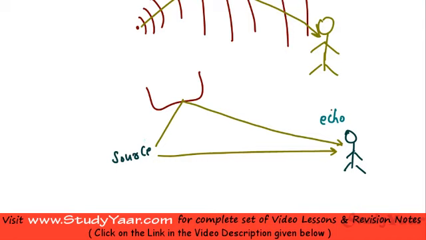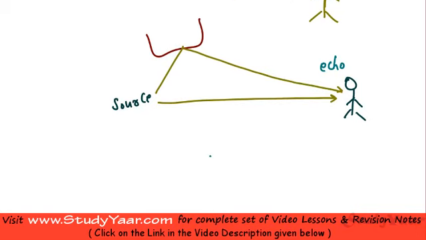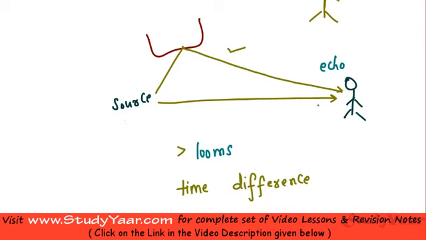Now echo is something that happens after 100 milliseconds of the original sound. If the time difference between the original sound and the reflected sound is greater than 100 milliseconds, then we are clearly able to distinguish between the two sounds, that is the original sound and the reflected sound, and we say that we hear an echo.